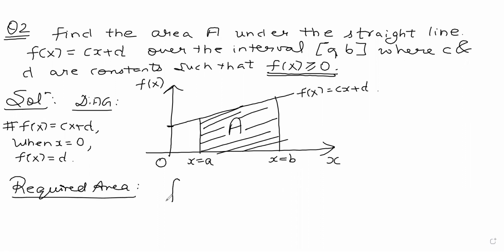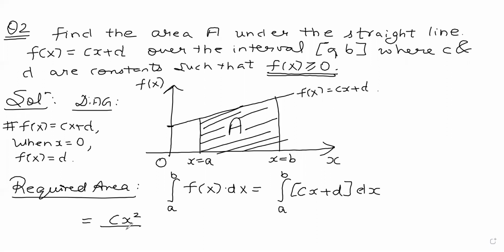Required area is the integral as x goes from a to b of f of x dx, which is the integral from a to b, where f of x is cx plus d, times dx. Now guys, the integral of cx is cx square by 2 and the integral of d is dx, and I need to run this from a to b.